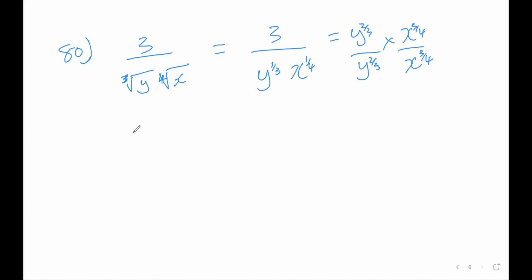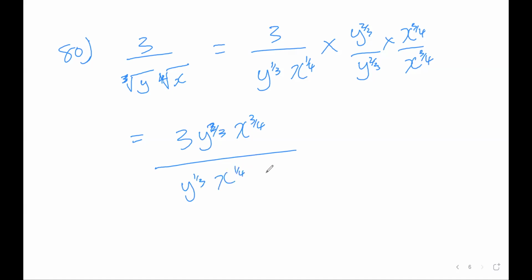So the whole thing then becomes, oh, this is not equality, this is multiplication. Why do I keep making this error? So the whole thing becomes 3 y to the 2 over 3, x to the 3 over 4 divided by y to the 1 over 3, x to the 1 over 4 times y to the 2 over 3, x to the 3 over 4.